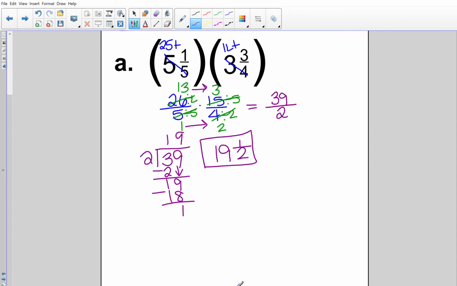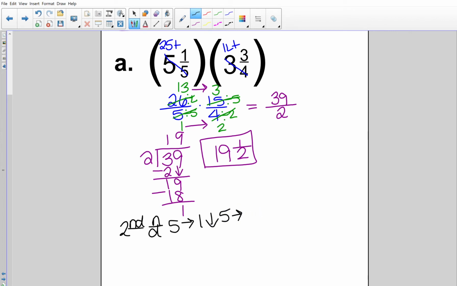So let's talk about how I could do this in my calculator. I'll talk about the two different calculators. If I have the TI-30X IIS MultiView, the one with the N over D key, I'd press second, then N over D, and put in my 5, use my arrow to move it to the right, put the 1 in, move it down, put my 5 in, and move it to the right.